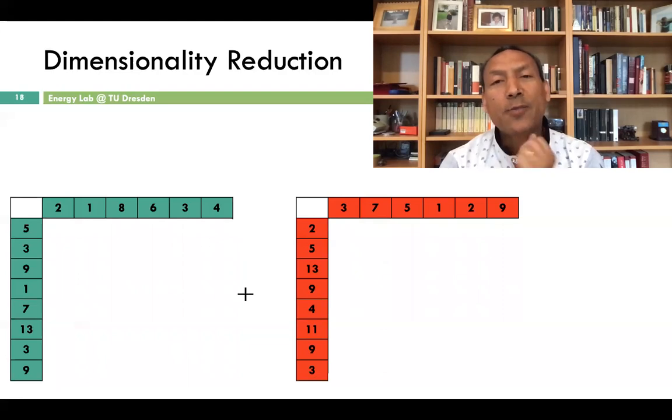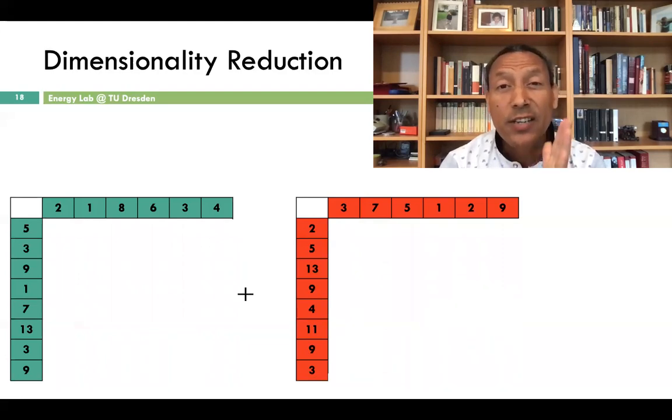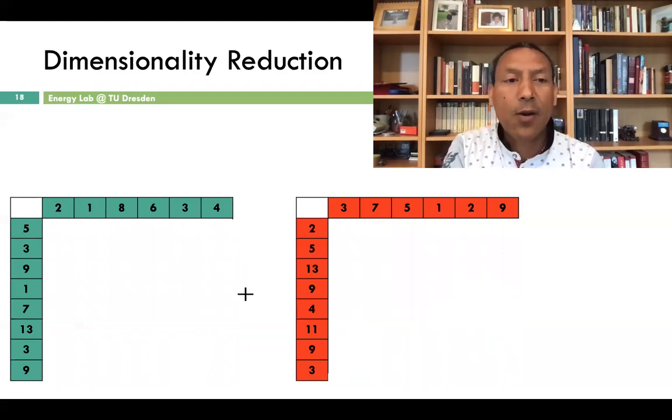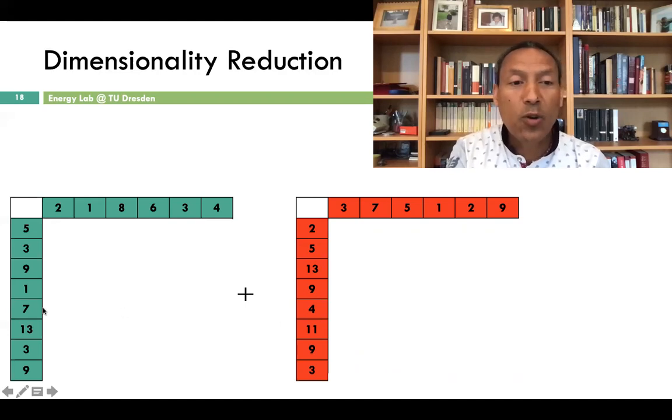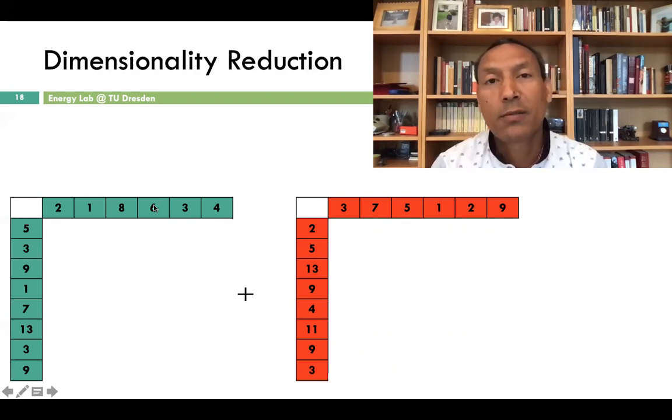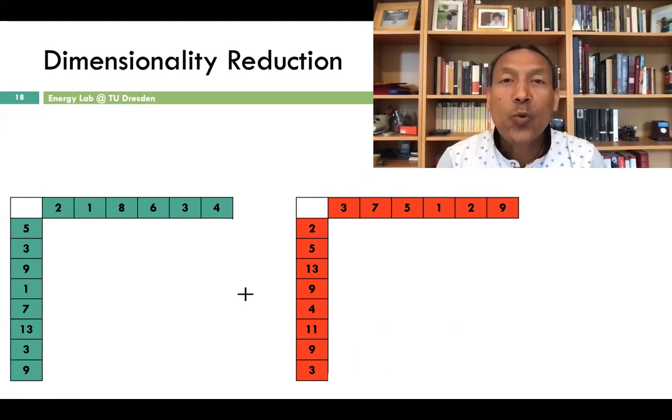An interesting aspect of these basis vectors, statistically speaking, is that these two are orthogonal to each other, and these two are orthogonal to each other. If we were to normalize this data between -1 and 1, these two will be orthogonal to each other, and these two will be orthogonal to each other. That means there is no redundant information in these basis vectors.